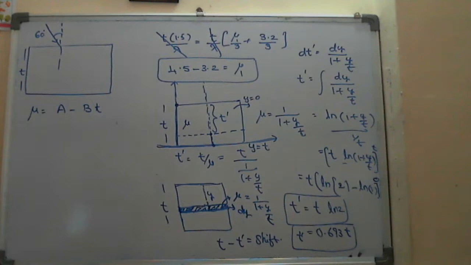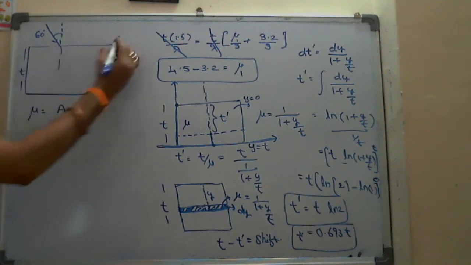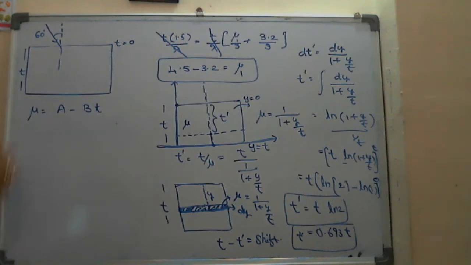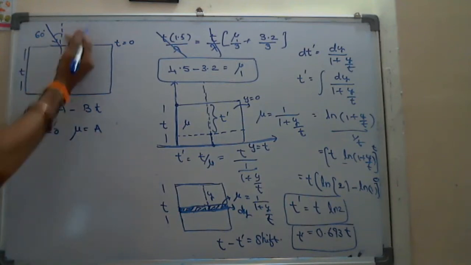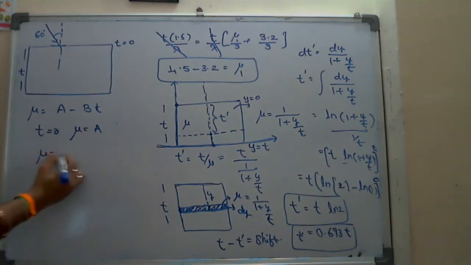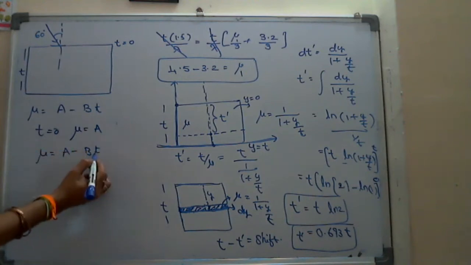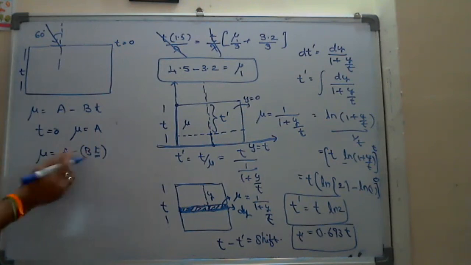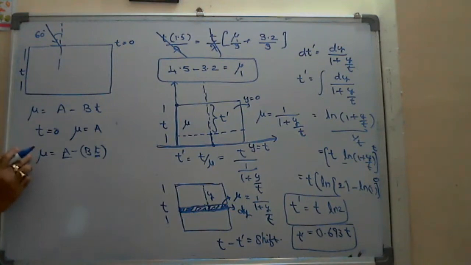Maximum depth means you have to understand, while going deep, consider t is equal to 0 at the top. Here it is going into the denser medium or the rarer medium? Look, if you put t is equal to 0 here, mu is equal to A initially. If you go deep, then mu will be A minus Bt, meaning if you substitute some value of t, you are subtracting something from A, so the mu value will decrease.